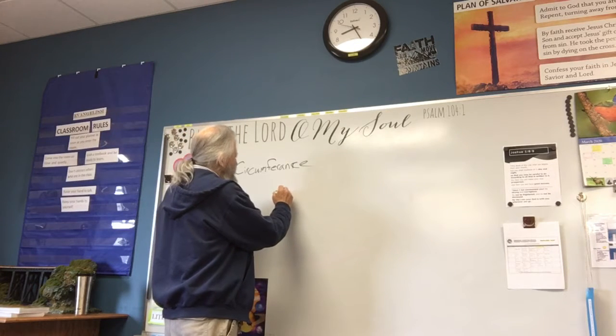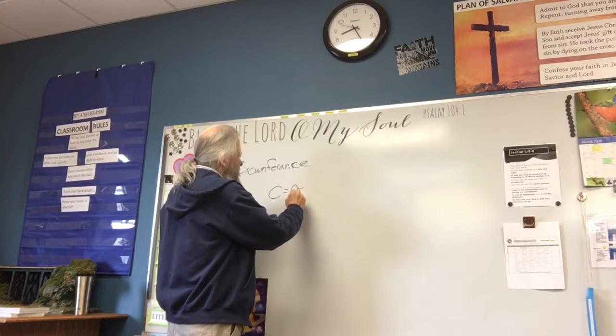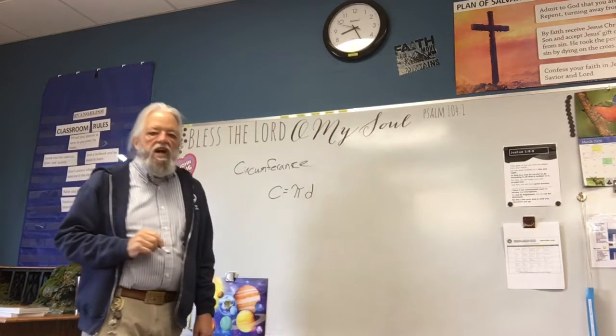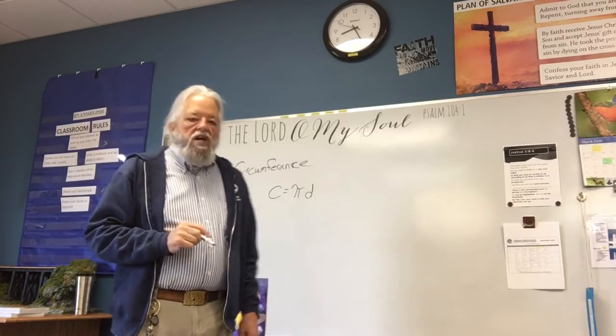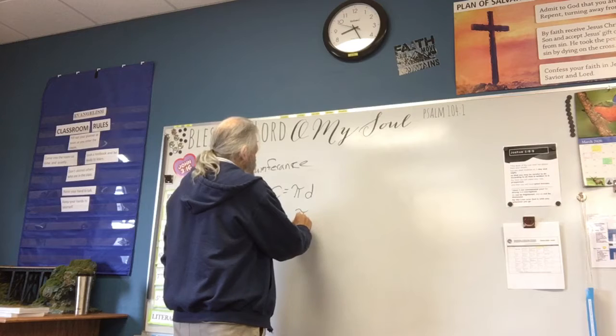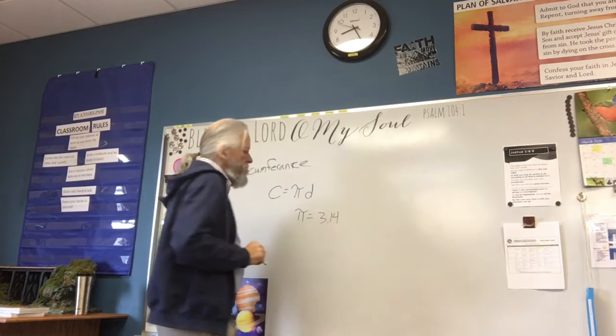So the way that we found out that you can measure the circumference is to be looking at the actual formula for it, which is pi times the diameter. Okay, and if you remember, for pi we use the number 3.14.